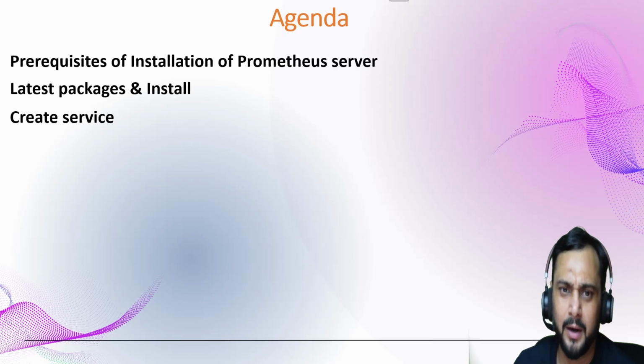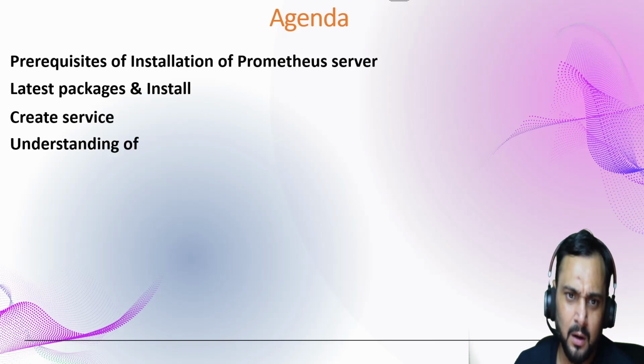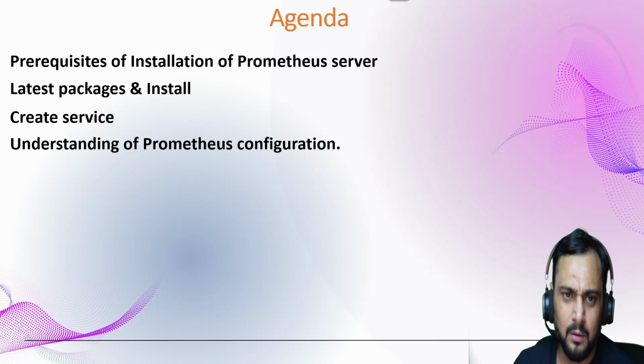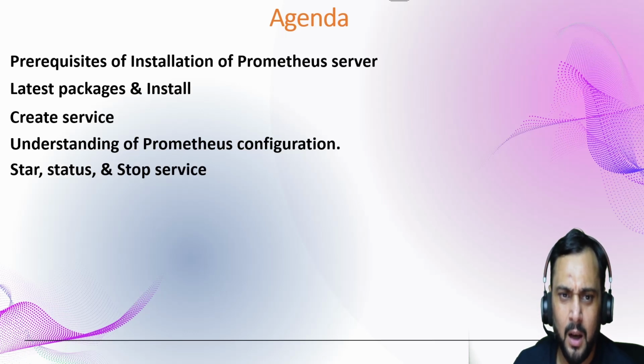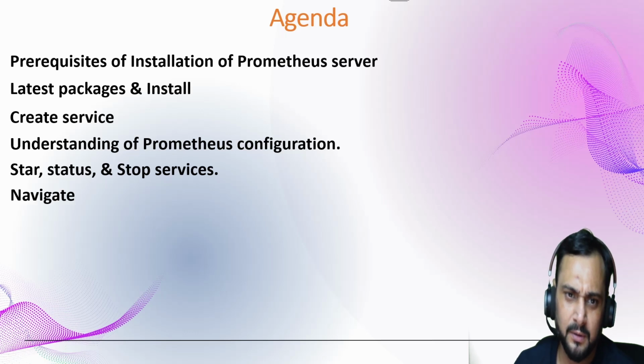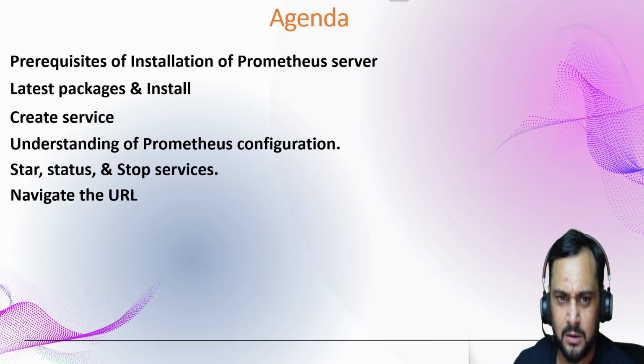Whenever we are installing any application, it should run as a separate service with a separate user. Then we will try to understand the Prometheus configuration file and how we can start, stop, or check the status of Prometheus server. In the last, we will try to navigate the URLs.